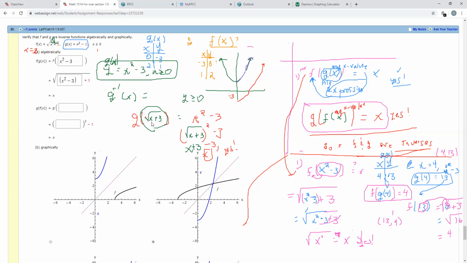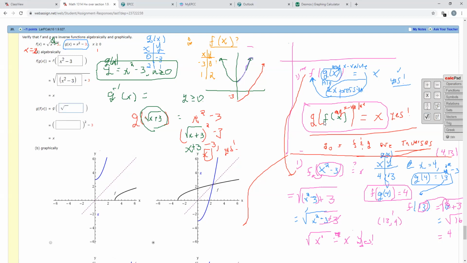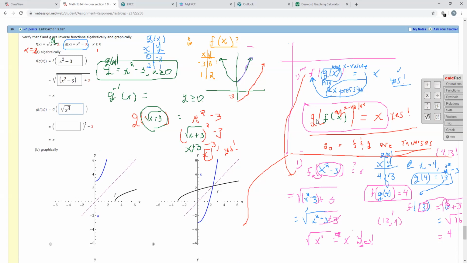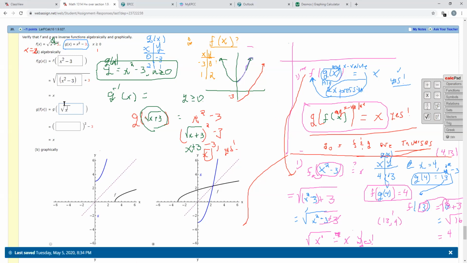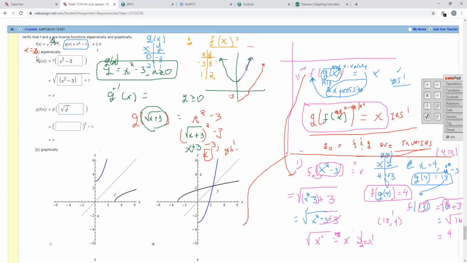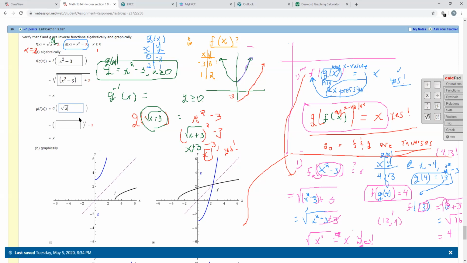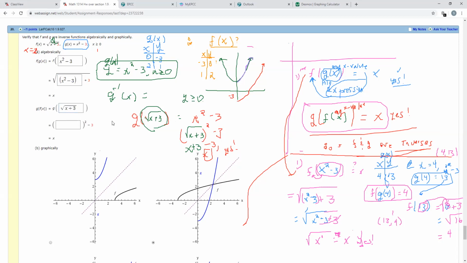So we have the square root of x plus 3. I'm sorry, f of x was the square root of x plus 3. Sorry. And that's what we have right here.